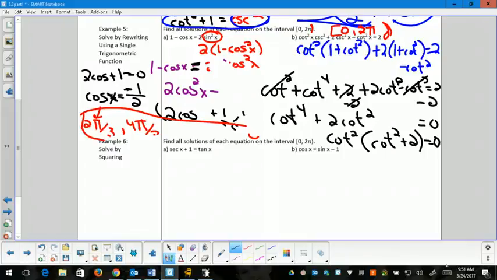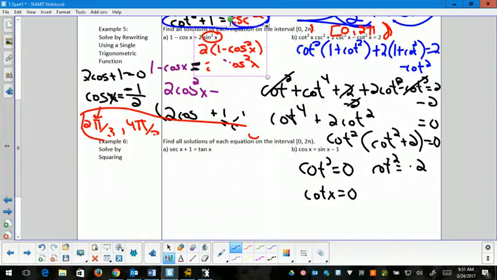So this means that cotangent squared equals 0, which when you take the square root, plus or minus the square root of 0 is 0, so cotangent of x equals 0. And here, if I subtract 2, I'd have cotangent squared equals negative 2. Uh-oh.